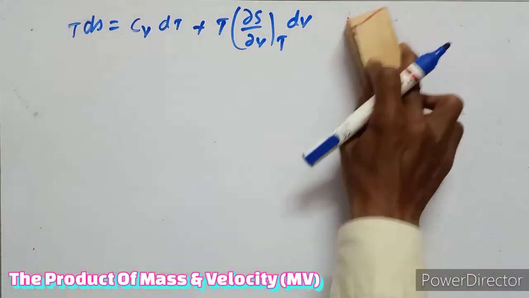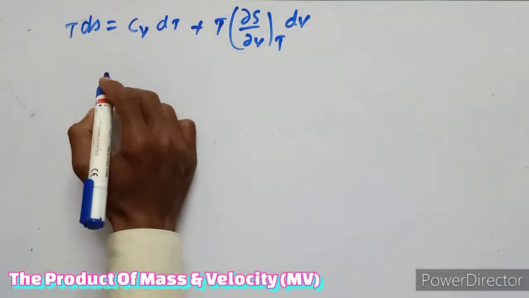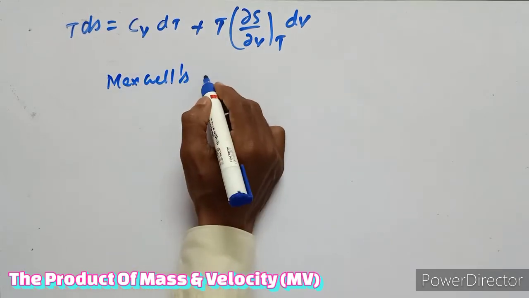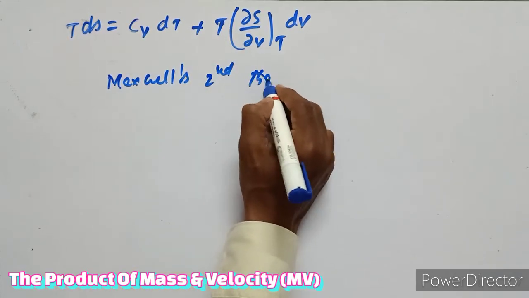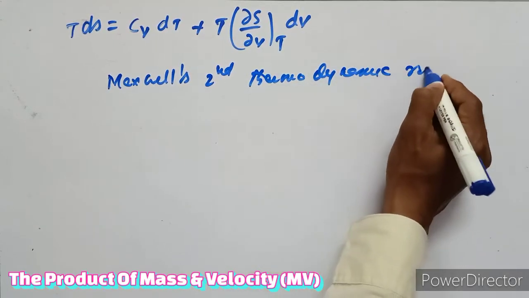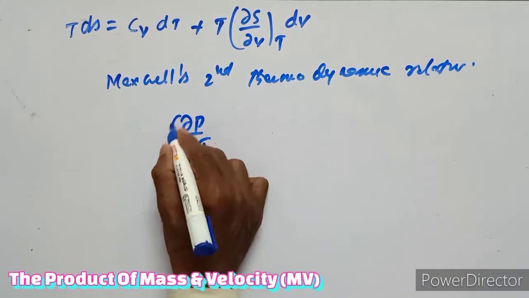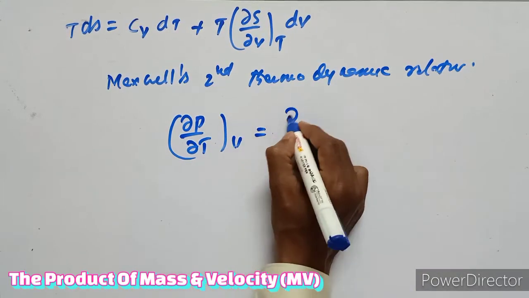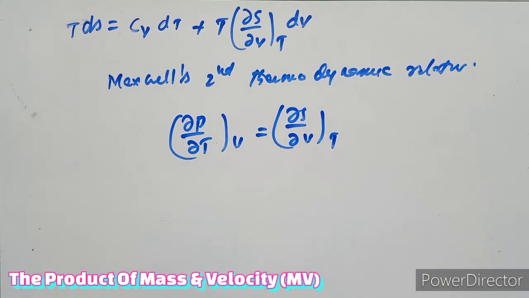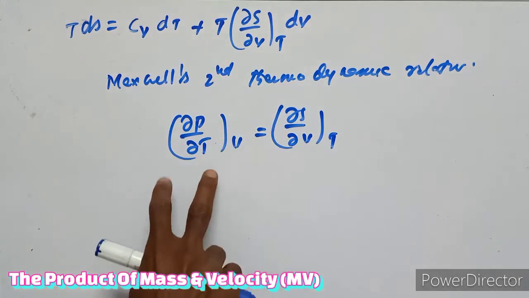Okay, next, Maxwell's thermodynamic relation. Maxwell's second thermodynamic relation is dou p upon dou t at v equals dou s upon dou v at t. So in the place of dou s upon dou v at t, we substitute this.